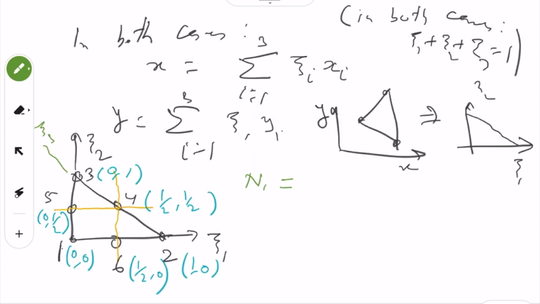Yeah, this will be the xi3 equal to 0 equation. Yeah, this equation is nothing but xi2 equal to 0. Yeah, and this equation, if you extend it, is nothing but xi1 equal to 0.